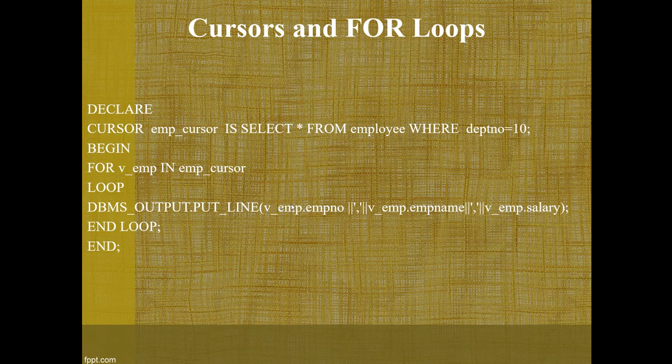I am going to display the values present in v_emp. So I am giving v_emp.emp_number, concatenating a comma, and then v_emp.emp_name, v_emp.salary, or other attributes which we have in emp_cursor. We can give them, but here I am giving a sample of 3 columns: emp number, emp name, salary, and we are ending the loop as well as ending the program.